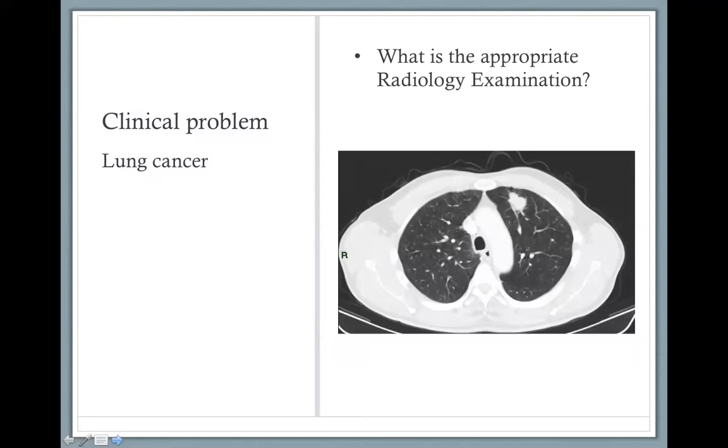And obviously you will do it with contrast because you also want to see the mediastinum and whether there are lymph nodes or not. But you want to characterize first the lesion on the lung window and see whether it involves the mediastinum, involves the chest wall. Is there only one lesion or is there metastasis, so multiple nodules elsewhere? So this is lung cancer.